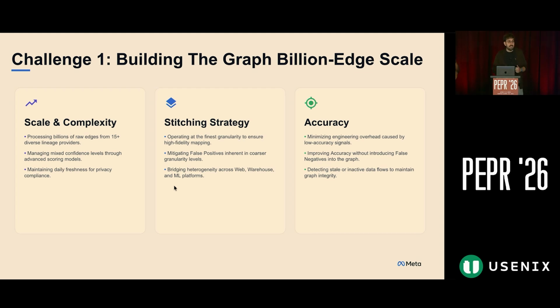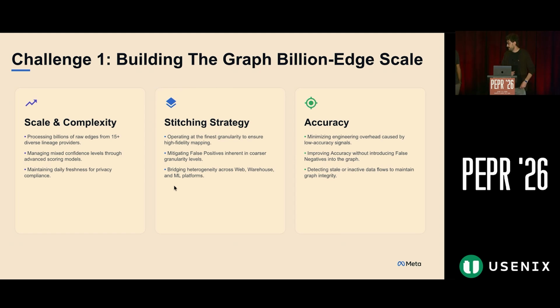Then there is the accuracy problem. When you introduce low confidence flows, you are stealing someone else's time by having them investigate a data flow that doesn't exist in reality. This is also a valid point for AI agents. They can confidently make wrong decisions if we keep having low confidence flows.